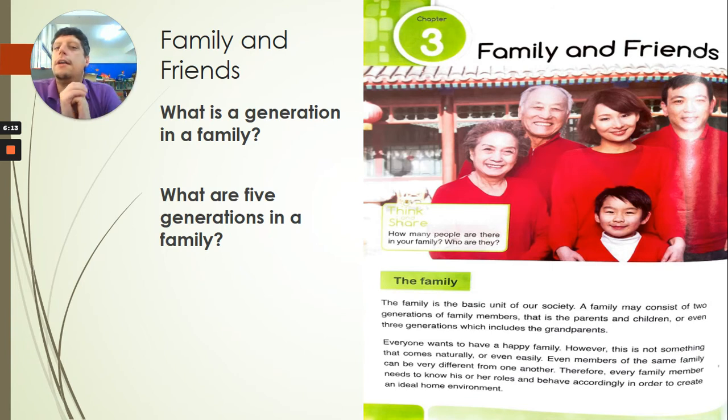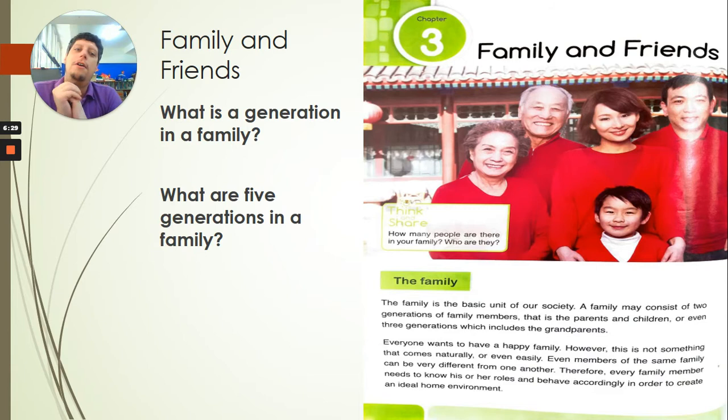Okay, so to make it easier to understand exactly what a generation is, think about it as the different levels of family, from mother and father to children, to children, to children.